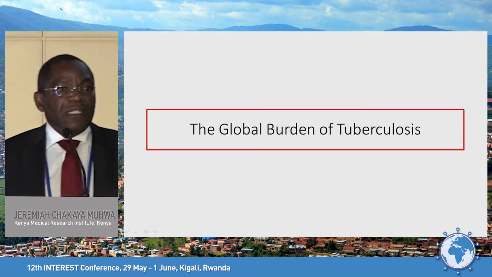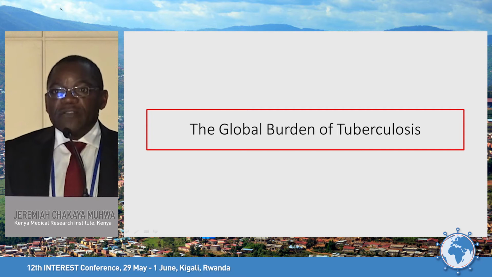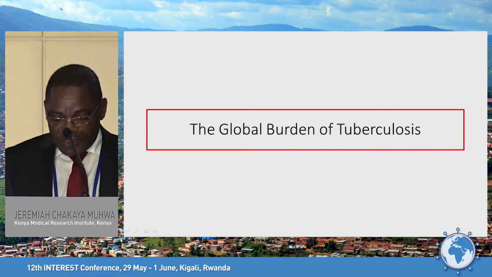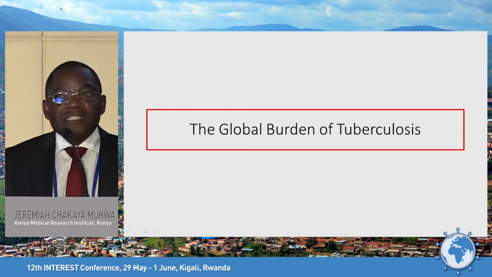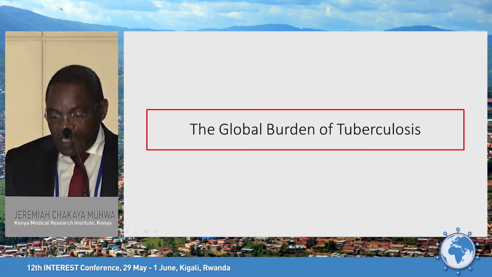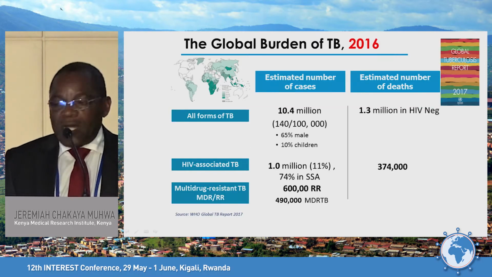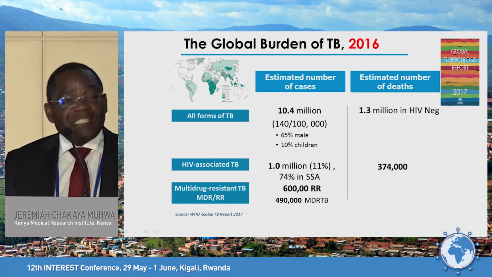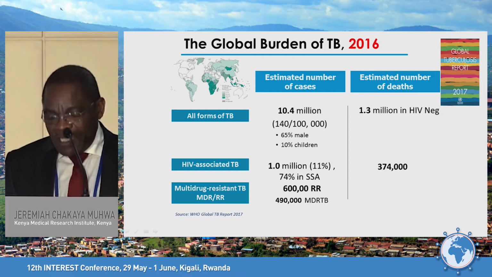So let's start with a summary of the global burden of tuberculosis. The most authoritative source of information on the global burden of tuberculosis is, of course, the Global TB Report that comes out every year. I'm sorry, that should be 2017, not 2016.